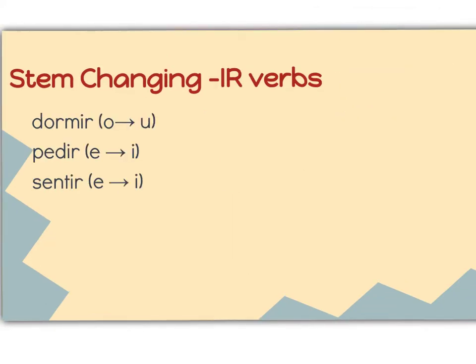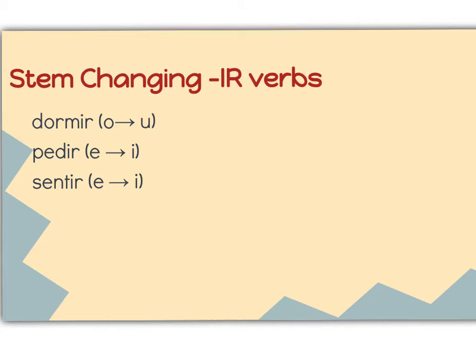Now, like always, stem-changing IR verbs like dormir, pedir, sentir, and so many others have special sets of rules. Now, you stem change just like you normally would. Dormir becomes duerma. So in the yo, tú, él, and ellos form, I'm stem changing just as normal, O to UE.